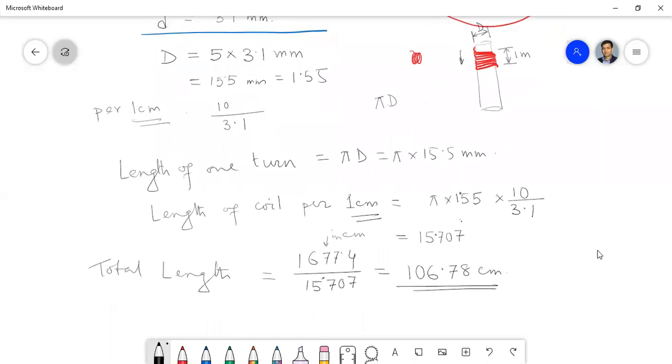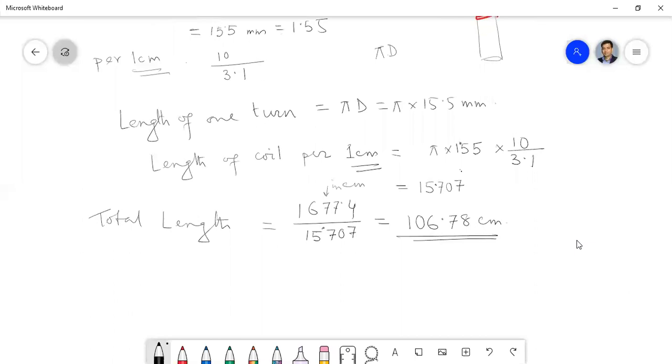Then you must have designed the helical winding, crossover winding, disc winding, etc. Helical winding you must have used, because for low voltage winding we use helical winding. So this is basically a helical winding, and this is how we generally calculate the length after making the coil. So the number of turns into the diameter. Anyway, that is the first part of the problem.